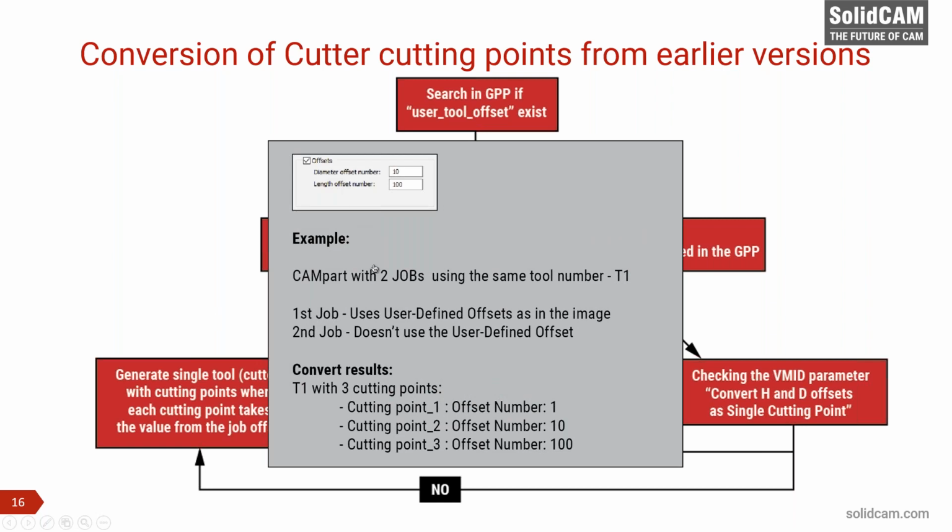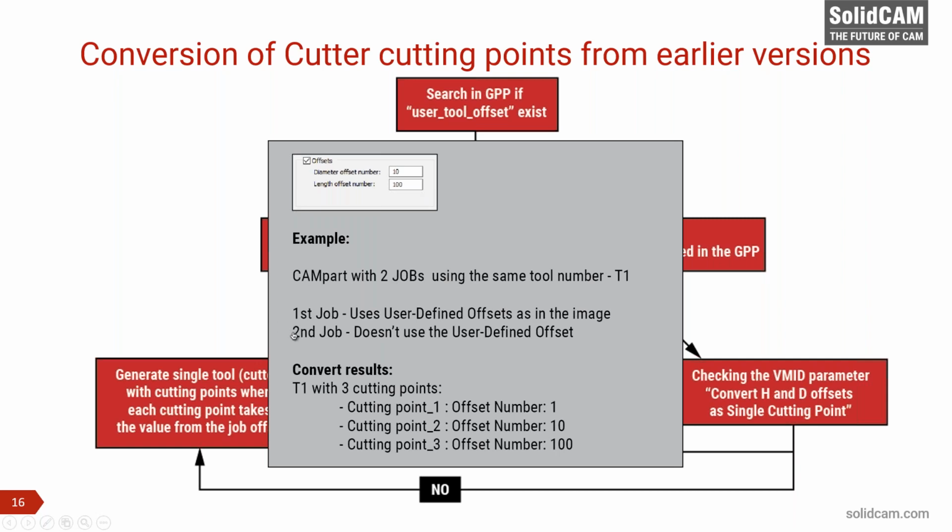So let's imagine this is an example, where we have only two jobs, guys. We have two jobs, both using the same tool number, in this case tool number 1. In the first job, we are using the user-defined offsets as defined over here. So on the first job, this is tool number 1, with diameter offset 10 and length offset 100.